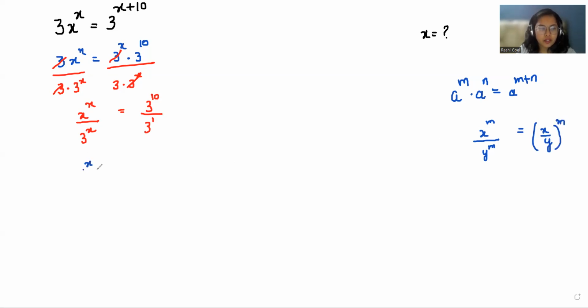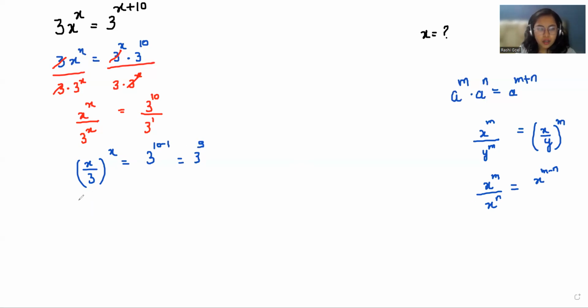So here, x divided by 3 whole power x is equal to, and here we can use the property again: x power m divided by x power n we can write as x power m minus n. So 3 power 10 minus 1, that is 3 power 9.